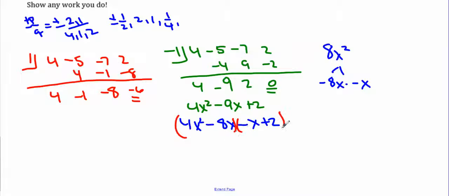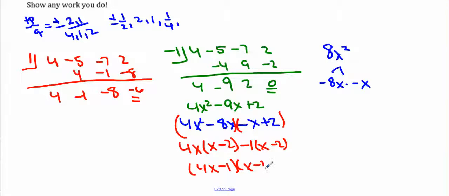So I'm going to group together two of them. I'm going to factor out my greatest common factor, which is 4x. So I've left x minus 2. And I'm going to factor out a negative 1 because I know I need to have my factor be x minus 2. So I have 4x minus 1 and x minus 2. So that means that my zeros are x equals 1/4, x equals 2, and then also from synthetic division, my negative 1.